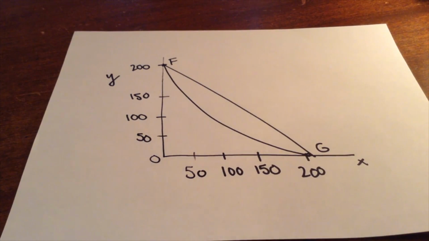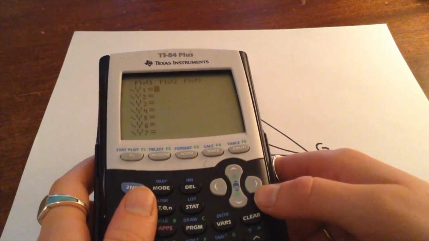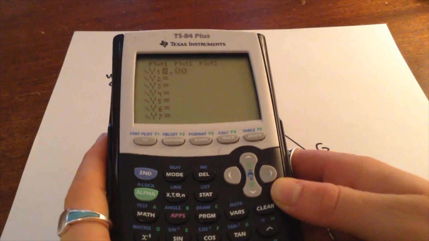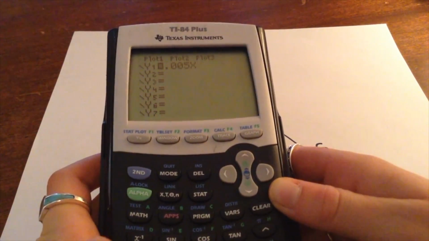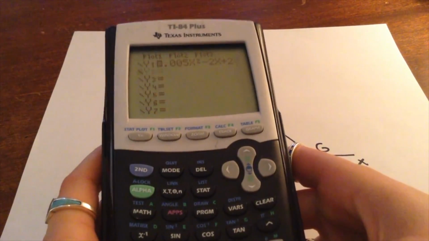For this one, it could be tempting to just look at the graph and see what the point on the curve would be. But because this scale is so big, you can't really tell what the point would be just from looking at the graph. So I would just put this function into your calculator, y equals 0.005 x squared minus 2x plus 200.